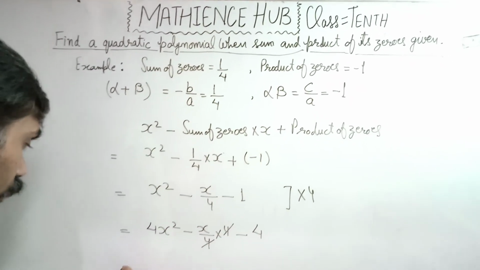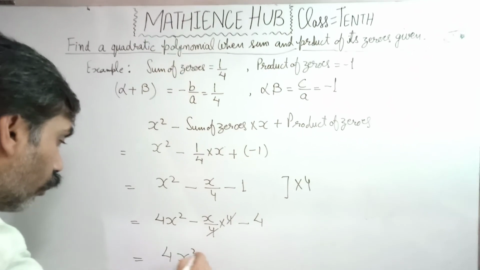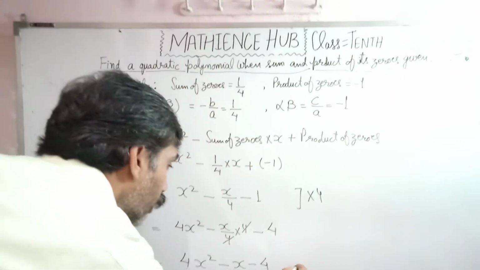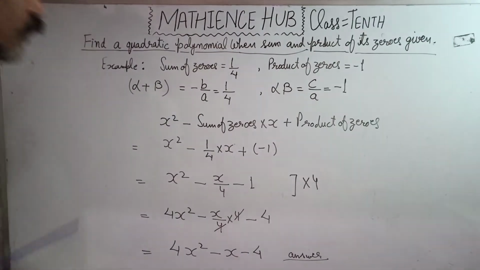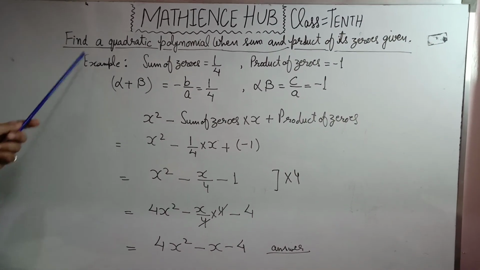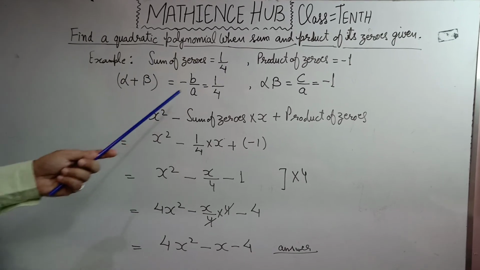Cancel 4 with 4, and we find the polynomial 4x square minus x minus 4 is the required polynomial. So in this example we find the quadratic polynomial when the sum of zeros and product of zeros are given.